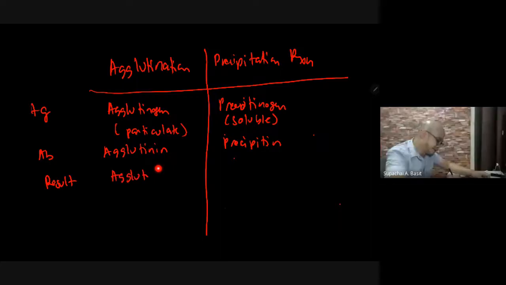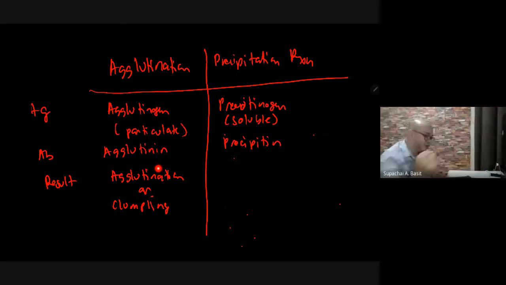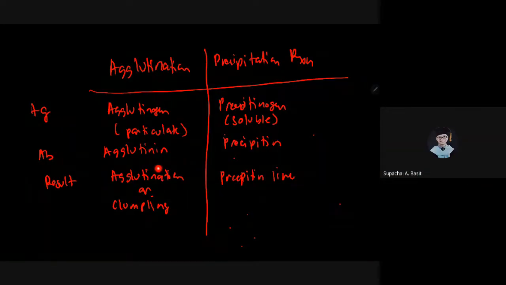Agglutination or clumping. You'll be able to see visible agglutination or clumping. But in precipitation reaction, you'll be able to see precipitin line. Okay, so that's the basic difference between agglutination and precipitation reaction.